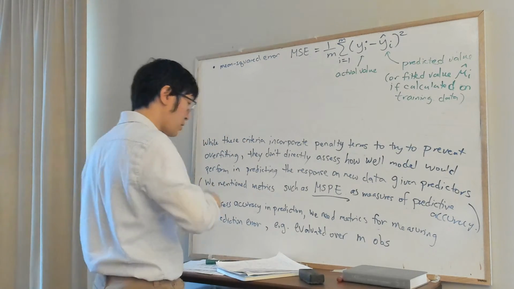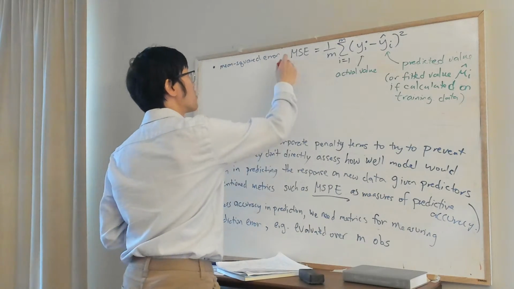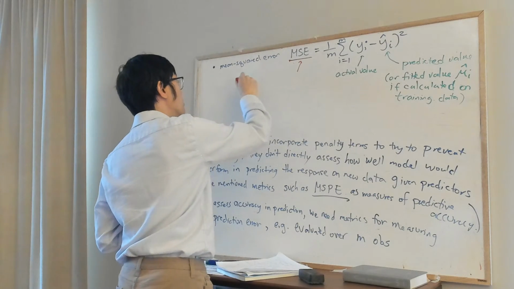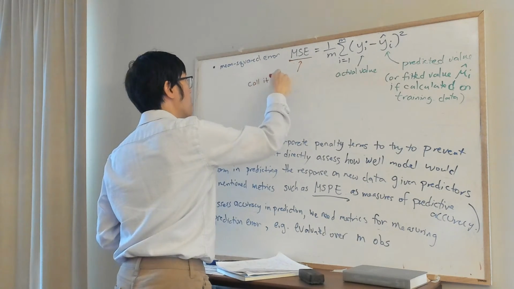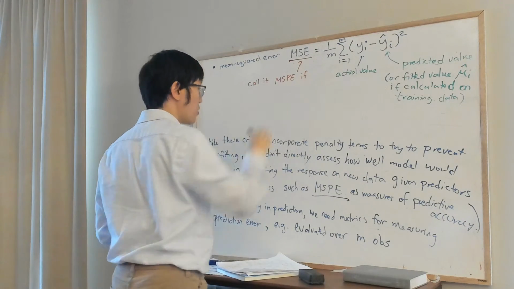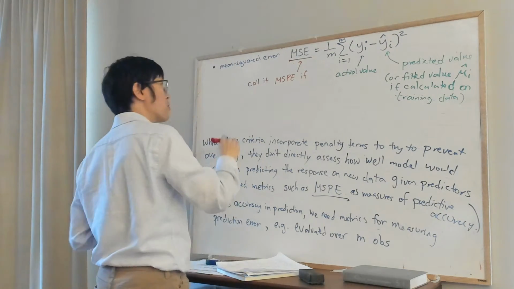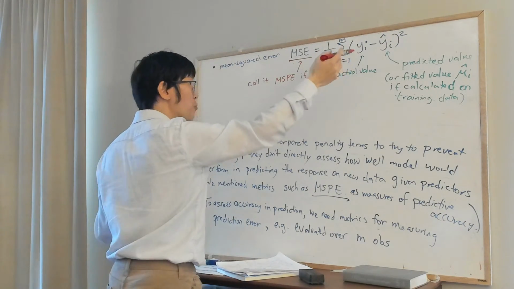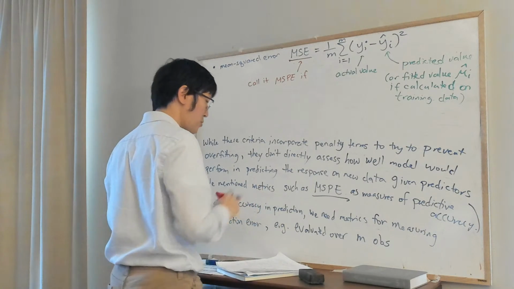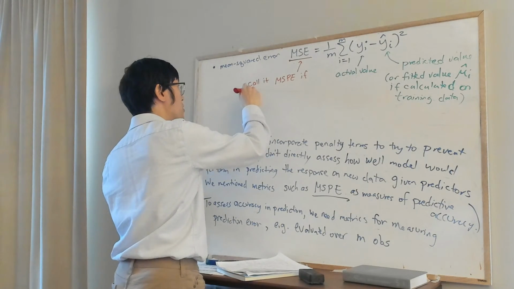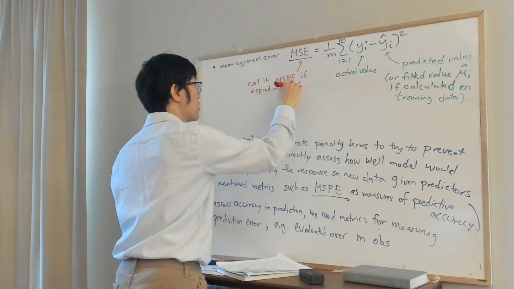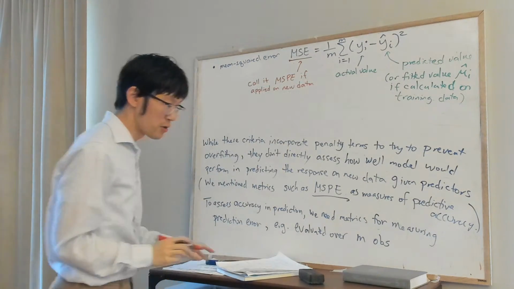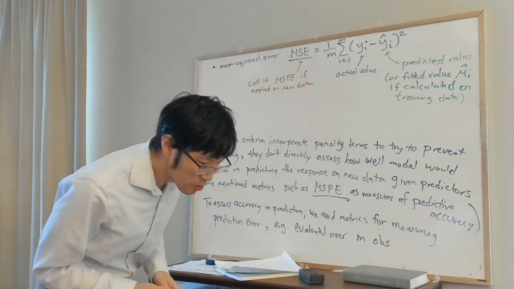Let's add a note here: we call this MSPE if the observations were not used to fit the model, so if applied on new data. That's just the difference between those terminologies.